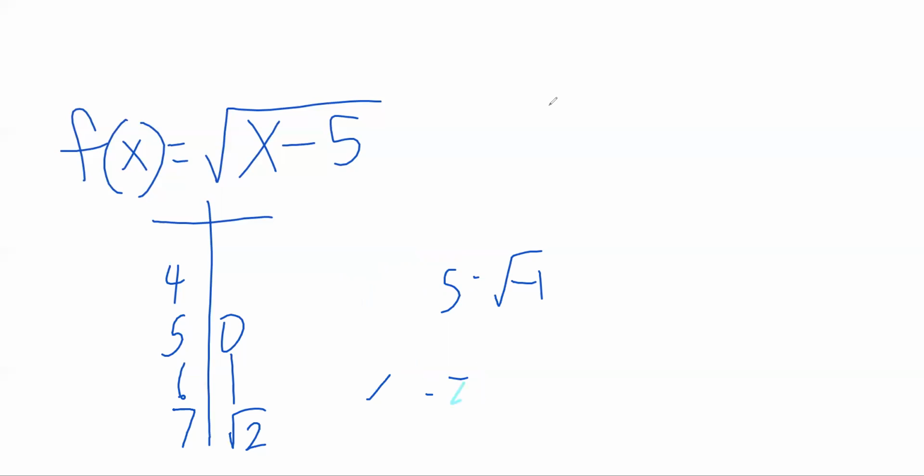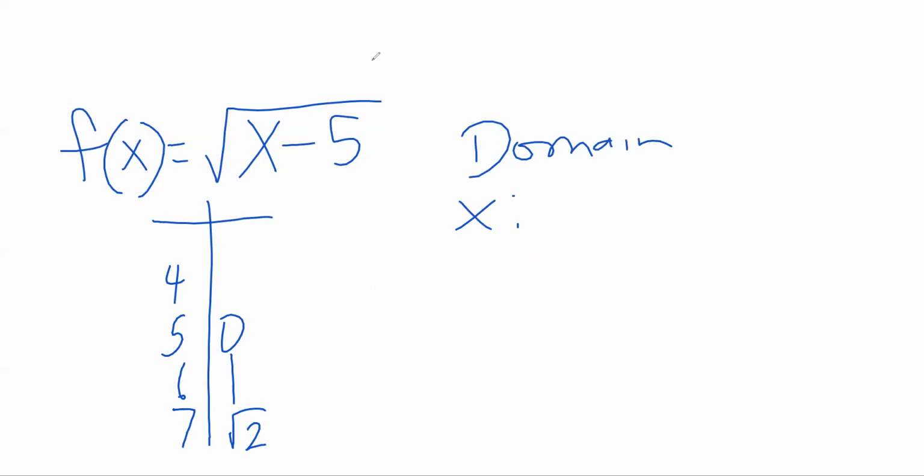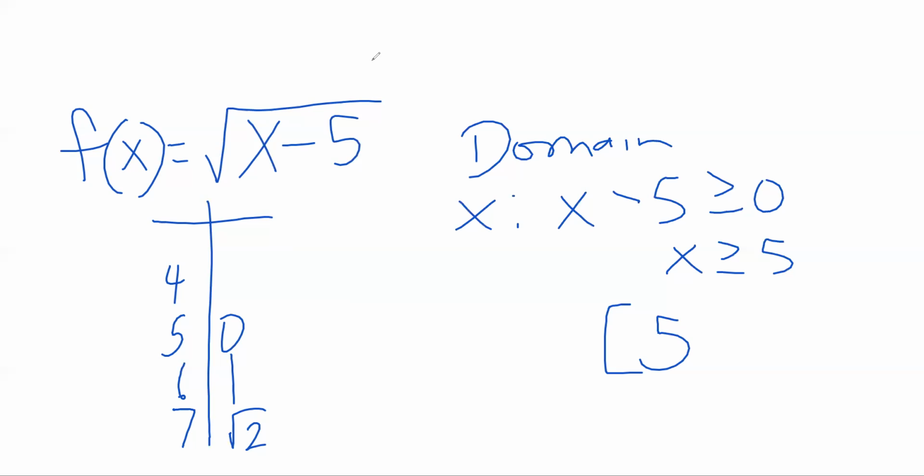So you have to realize that in a square root situation, the domain is x values such that x minus 5 has to be greater than or equal to 0. And therefore, x has to be greater than or equal to 5. And then you could express it in interval notation with a bracket, because you have to include 5. That's why you put a bracket. And then you put 5 to infinity. So that would be the domain.